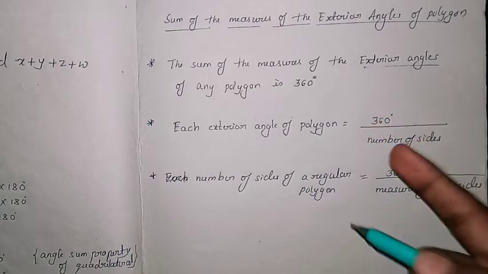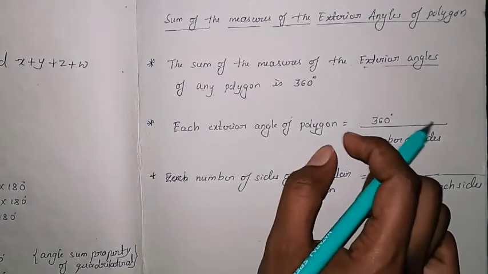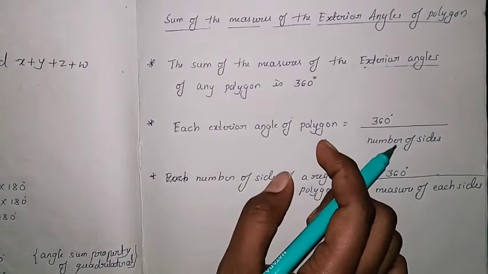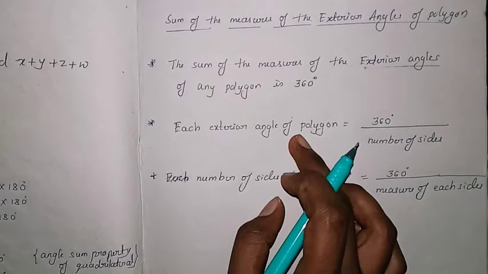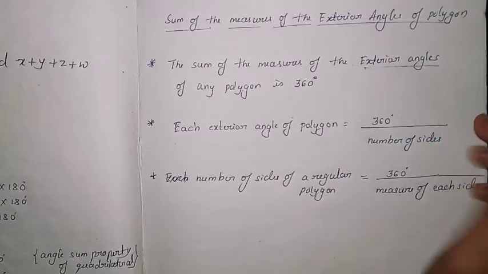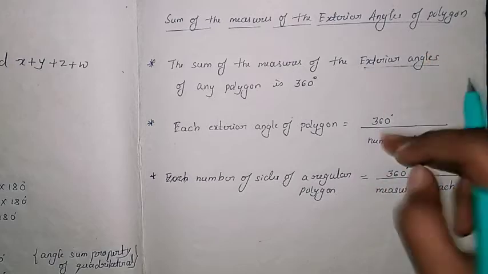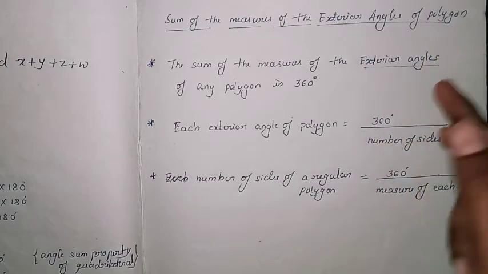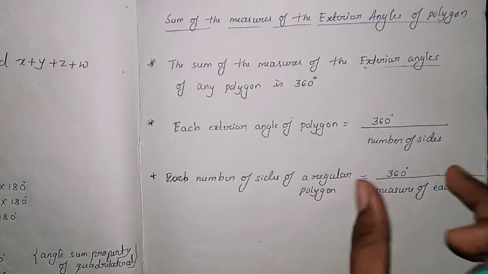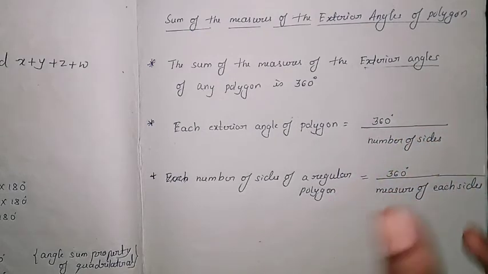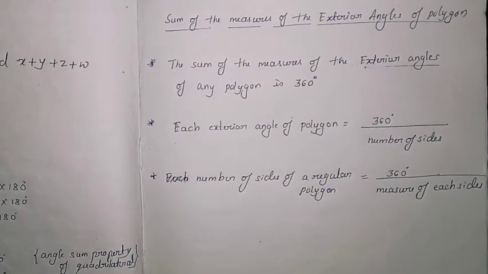The formula is: each exterior angle of a polygon is equal to 360 degrees divided by the number of sides. So 360 degrees is the total of the exterior angles of any polygon. If you divide by the number of sides, you will get each exterior angle of the given polygon.